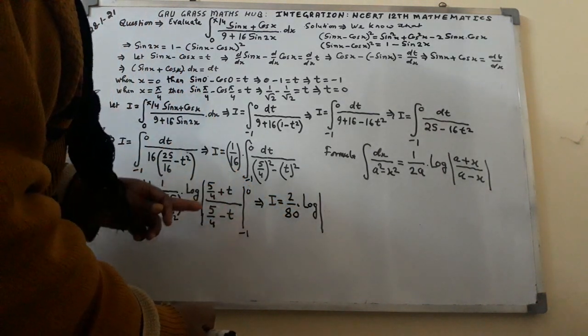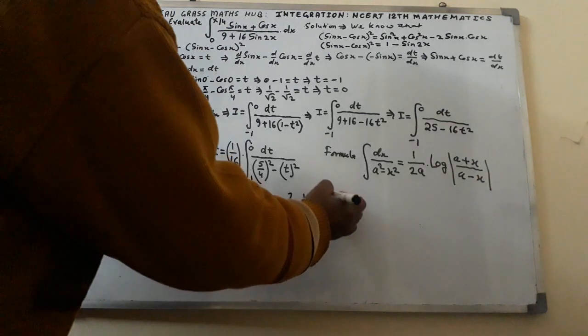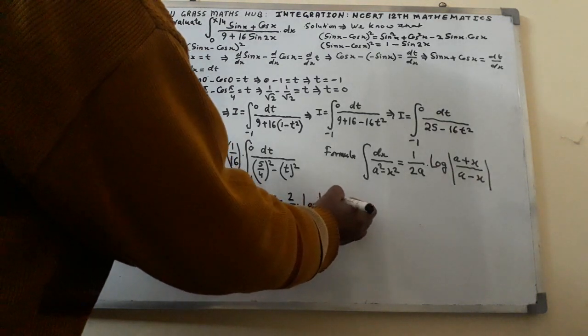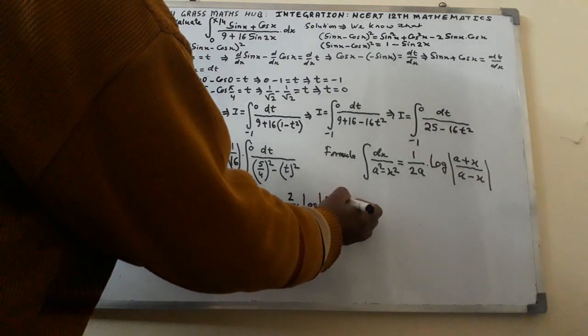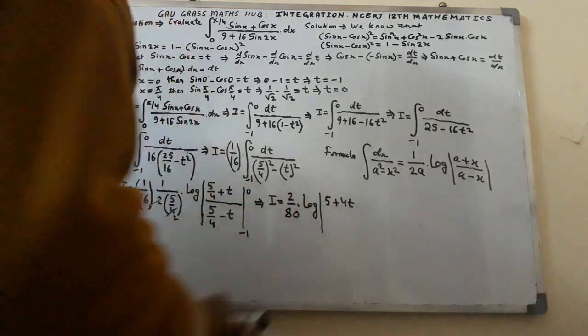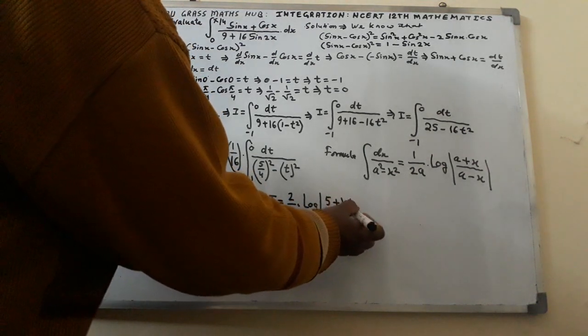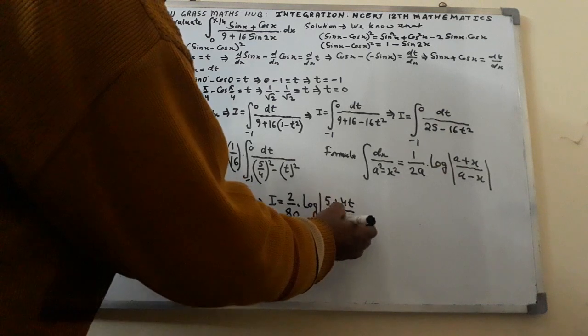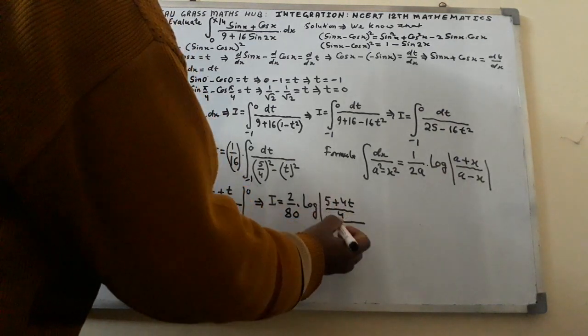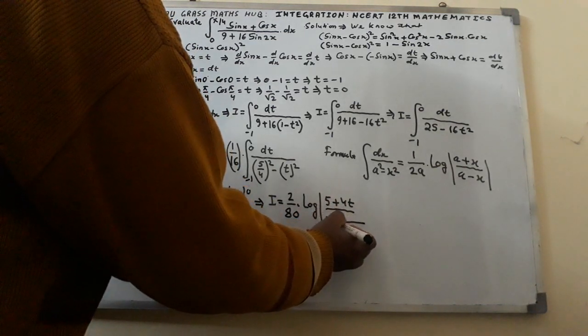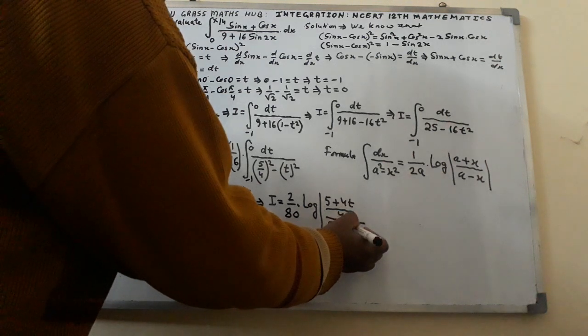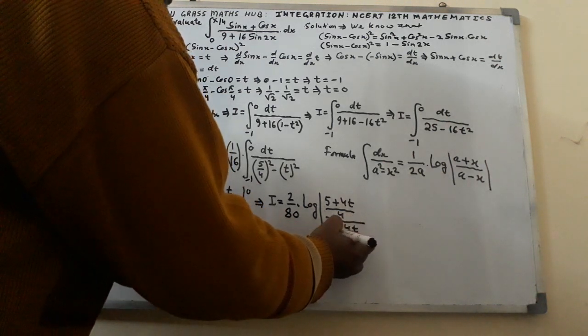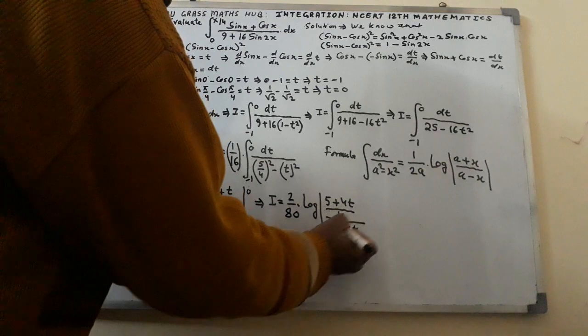Again solve this one, we will get (5 plus 4t) over 4 whole over (5 minus 4t) over 4.